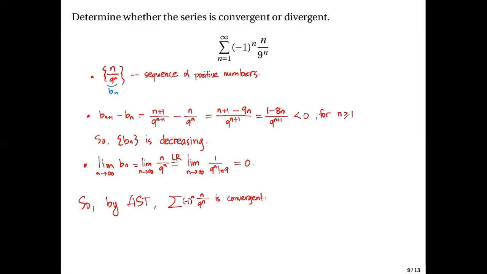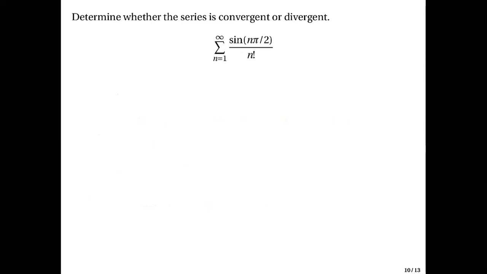Let's look at our next example. You have sine n pi over 2 over n factorial. So the question is, is this an alternating series? Look at this. You have sine n pi over 2. When n equals 1, you have sine pi over 2, that's positive 1.